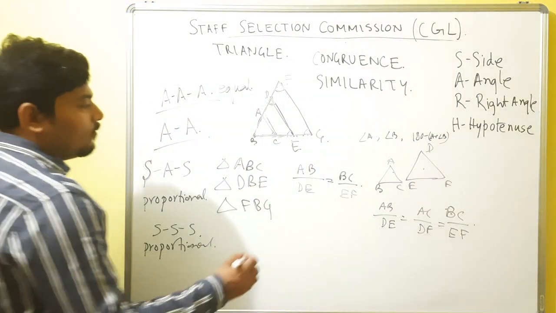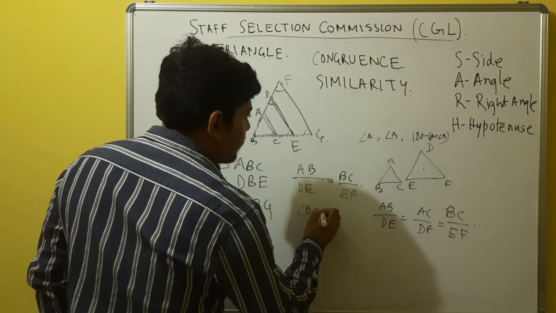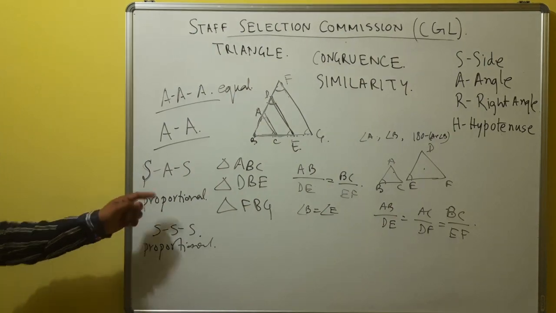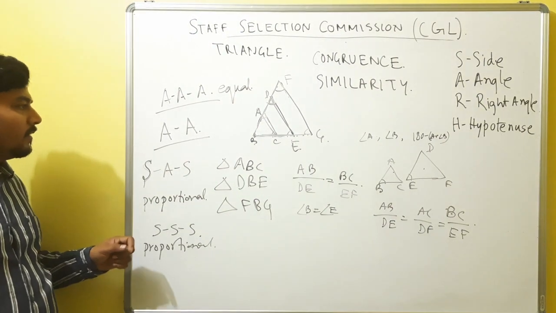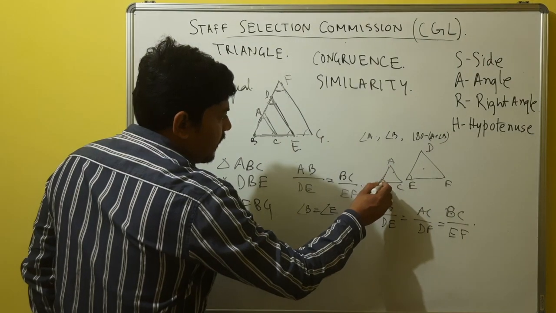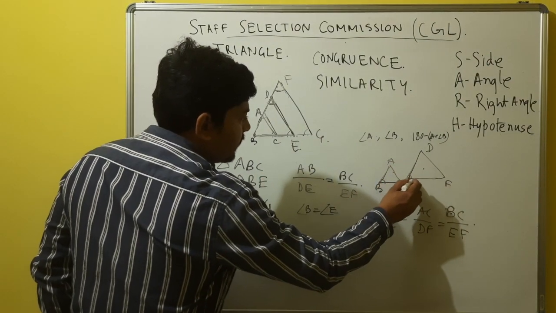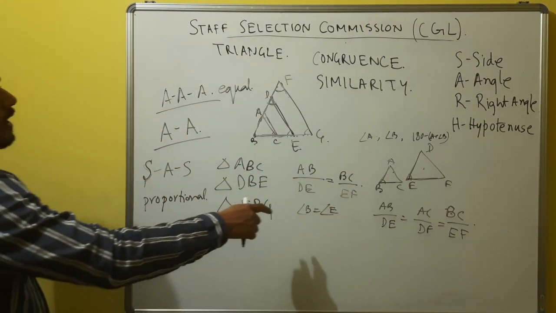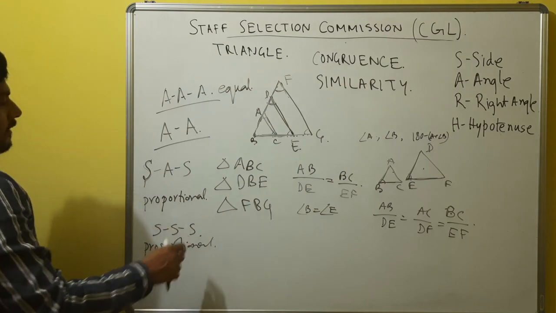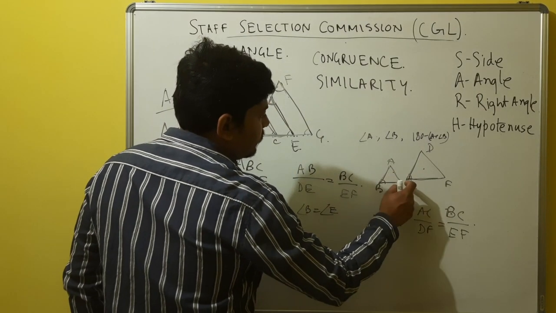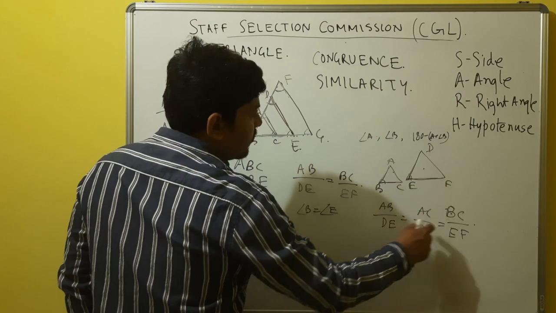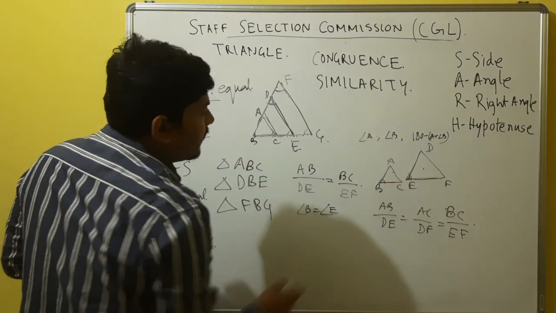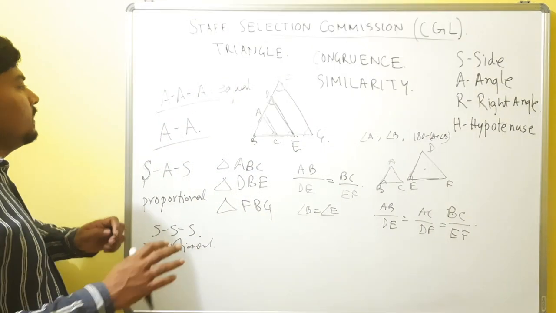If that is the case, and one angle, angle B equal to angle E, then these two triangles, side angle side, this angle, this side, this angle, this side: sides are proportional, angles are the same. It means these two triangles are similar. Side side side: all three sides proportional, this one equal to this one, means these two triangles are similar to each other.